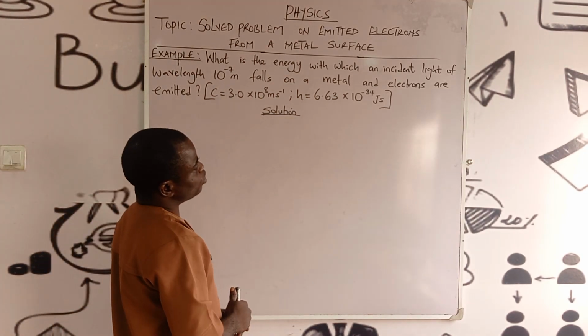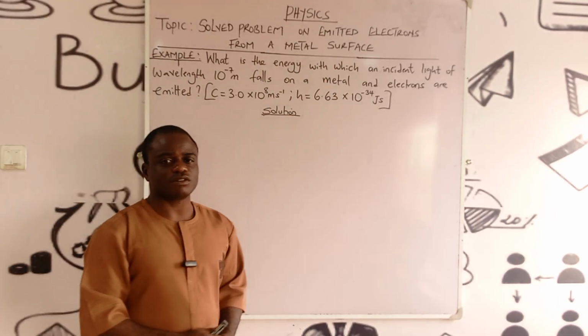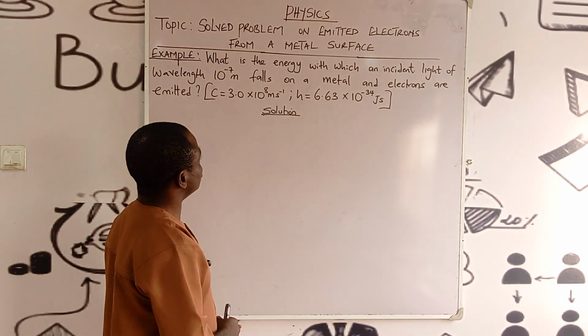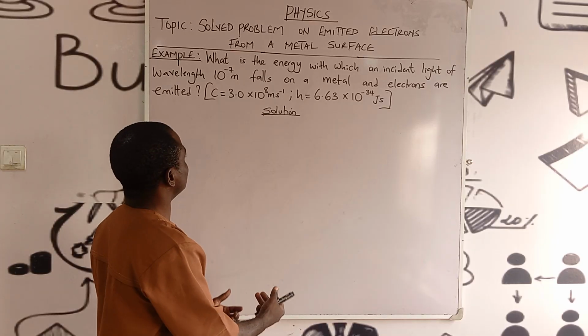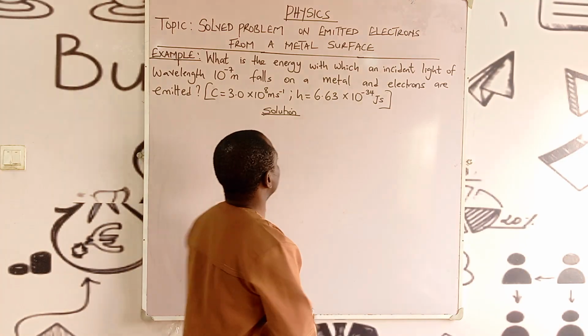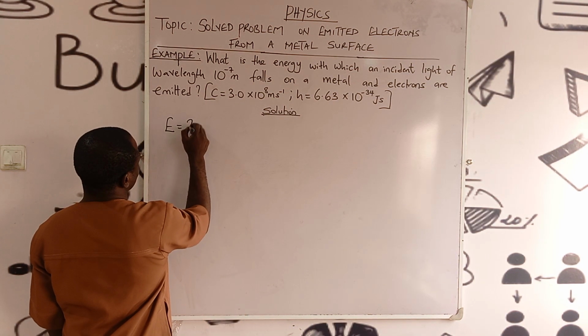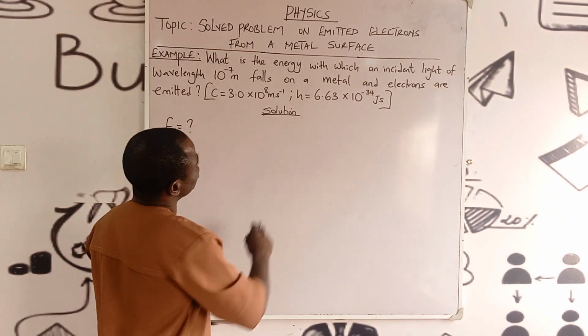What is the energy with which an incident light of wavelength 10 raised to power minus 7 meters falls on a metal and electrons are emitted? Now I want to know the energy. Use E to represent the energy.